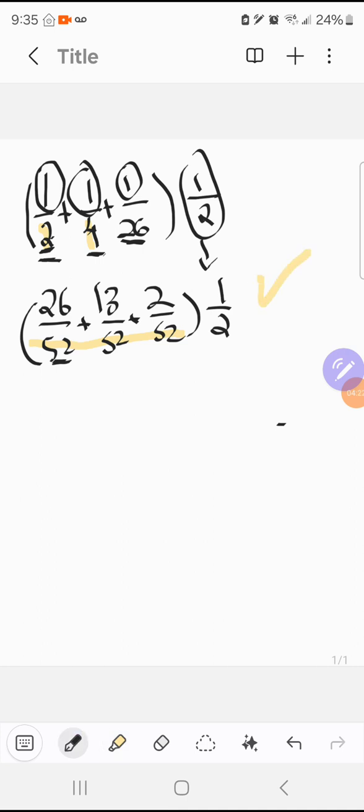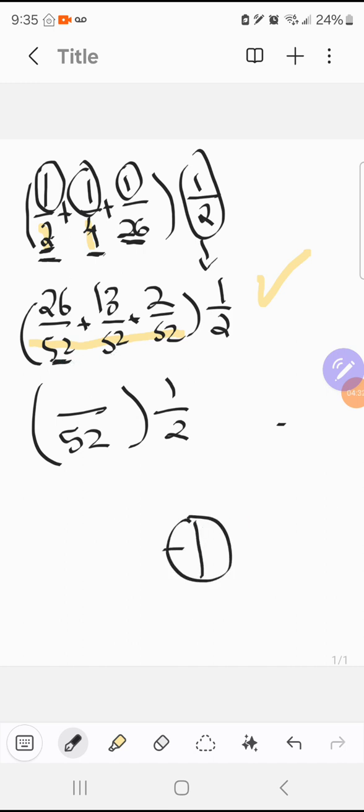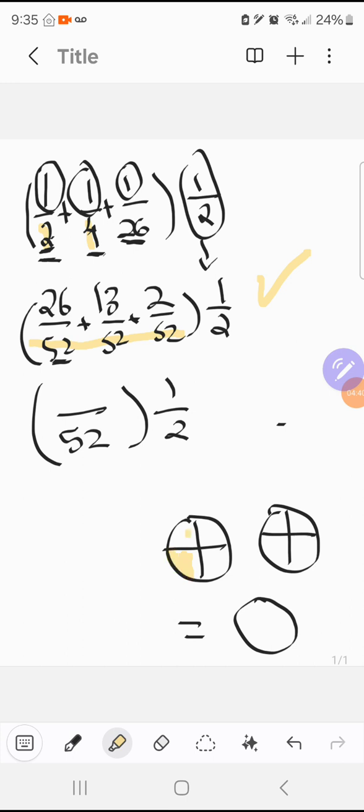So now all I have to do is add the top together, the numerator. The reason why we don't add our denominators is because when you have a pie slice and you're adding a certain amount of pie slices, so let's say you had 2 here and you're adding 1 pie slice, you don't suddenly have 8 pie slices.